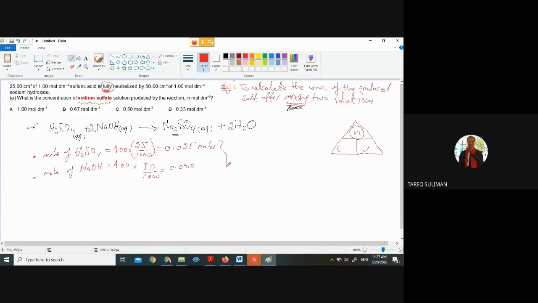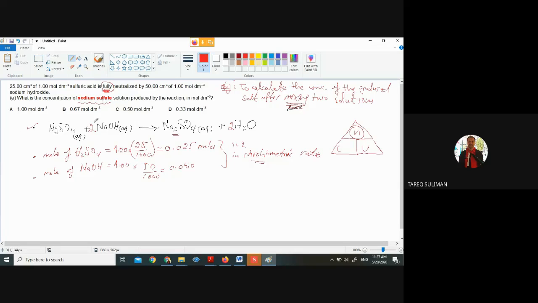But they react in what ratio? In 1 to 2. So every 1 mole of H2SO4 needs 2 moles of NaOH. So they are in stoichiometric ratio, and we call this a stoichiometric reaction. Clear?